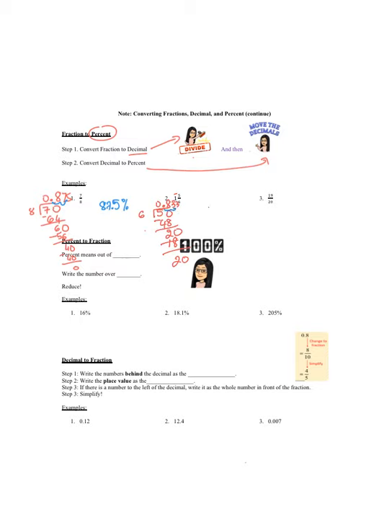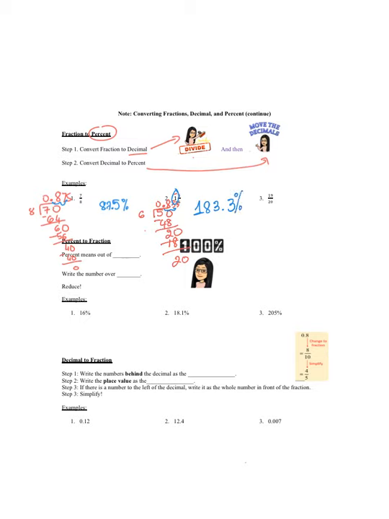So we have 83.3. However, don't forget there's a 1 right here. It's a whole number. Put this 1 back. So we have 183.3%.